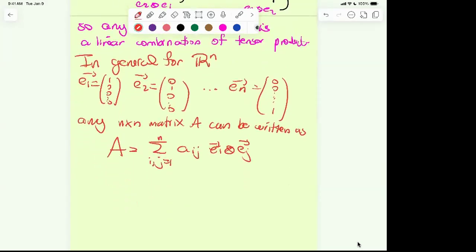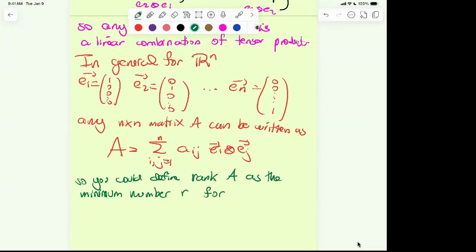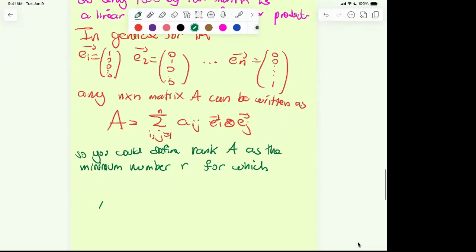So the rank of the matrix, you could define as the minimum number R for which A is a sum, from l equals 1 to R, of some constants times tensor products.